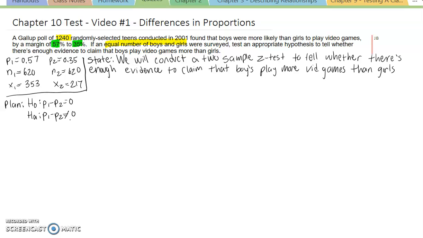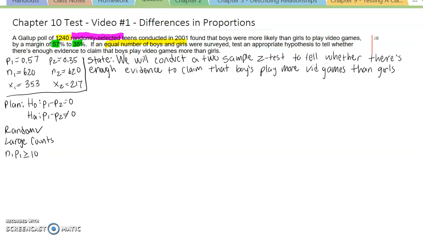So then for our plan, we have to see if our conditions are met. So our random condition is met because it says so in the problem, randomly selected. And then we do our large counts, which is basically n1 times p1 is greater than or equal to 10.